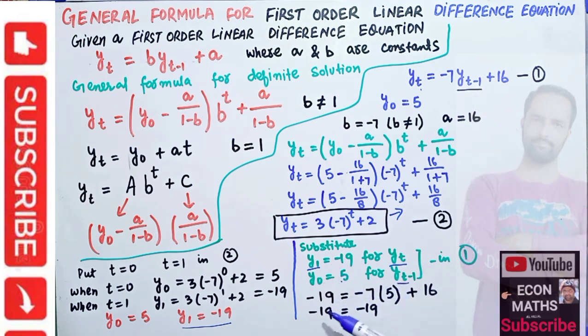And then when we solve it, our LHS came exactly equal to RHS. So this is how we solve the first order linear difference equation.